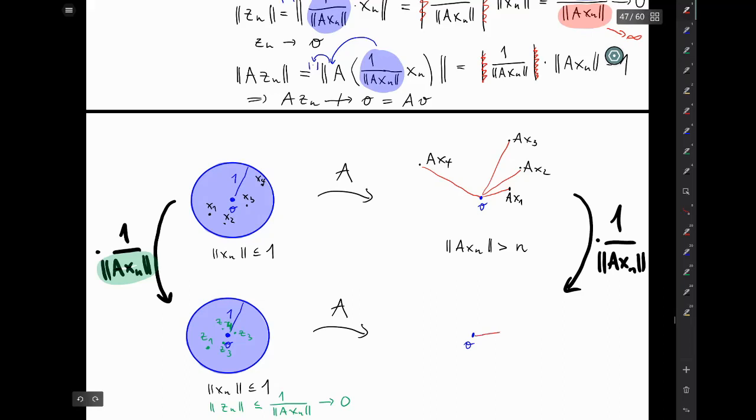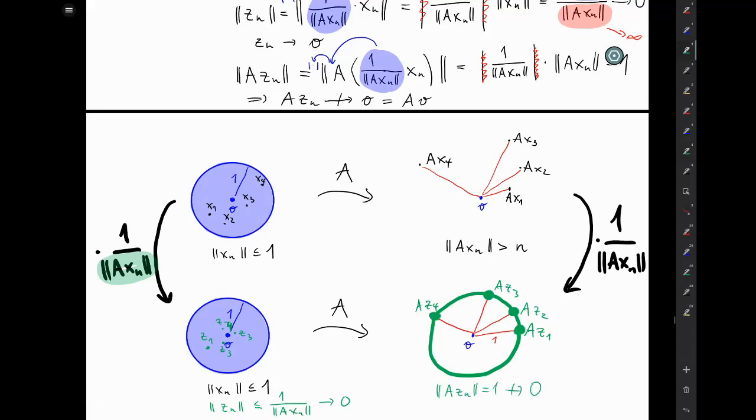So the vectors Az1, Az2, Az3, Az4 all end up being of length 1. So all these green points are sitting on the unit circle around the origin in Y. So clearly they do not converge to 0.